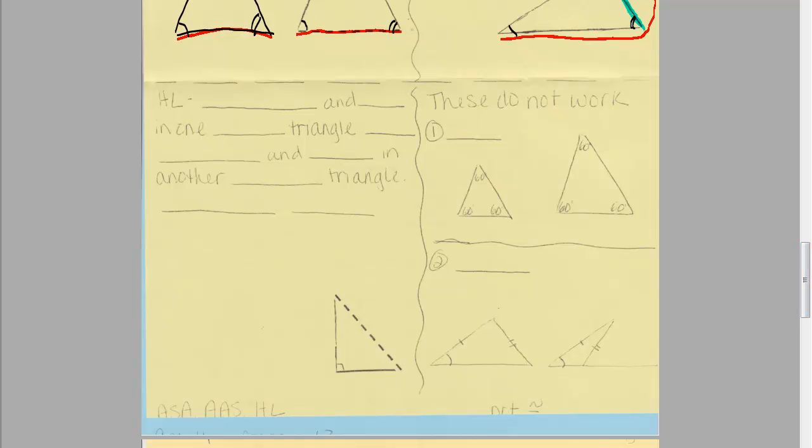The next one we're going to learn about is HL. It is using the hypotenuse and the leg in one right triangle. Remember, in order to have a hypotenuse, it's a right triangle.